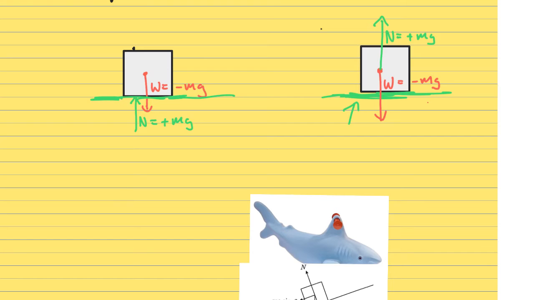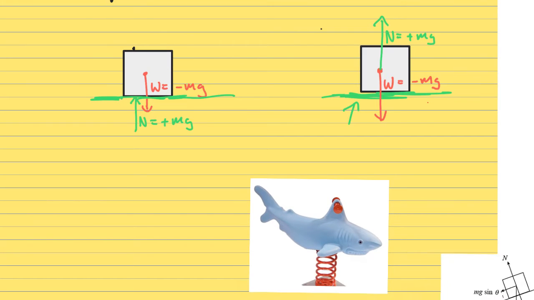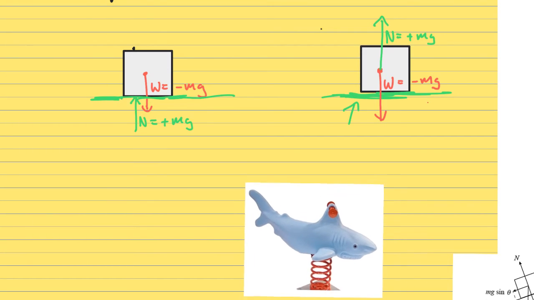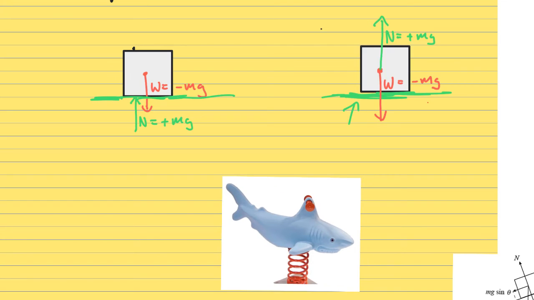So here I have one of these playground toys. It's a springy thing that my kids used to love when they were little, and you can sit on it at the playground. I really like this one that is a shark. When a person sits on one of these, they're going to cause a downward compression of that spring.